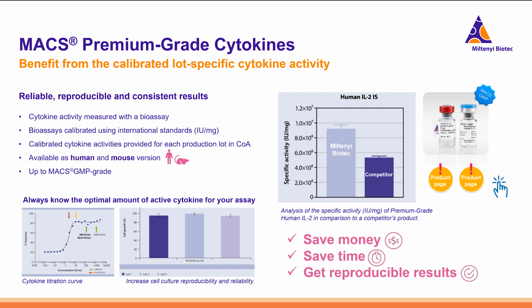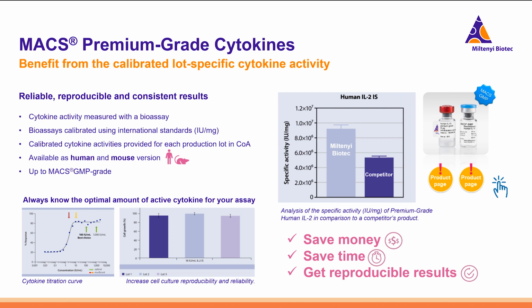So, how can you achieve reliable and constant cytokine levels for your experiment? The most important factor for correct cytokine dosing is the specific cytokine activity. Cytokine activities are measured using a bioassay to determine how potent the cytokine is in inducing a cellular response.